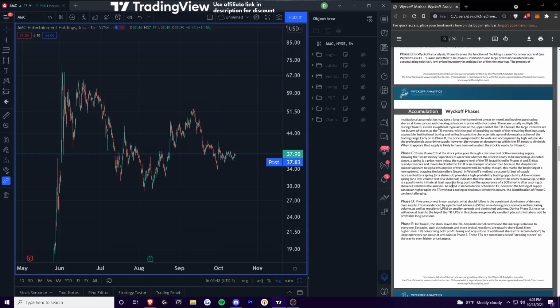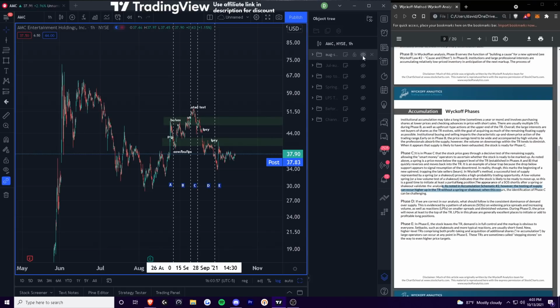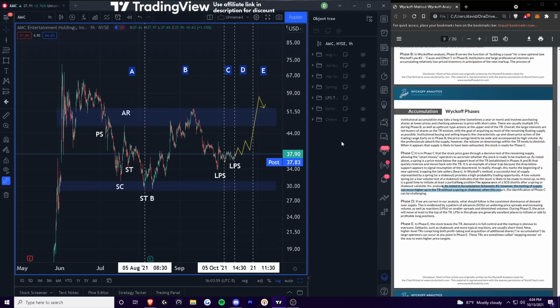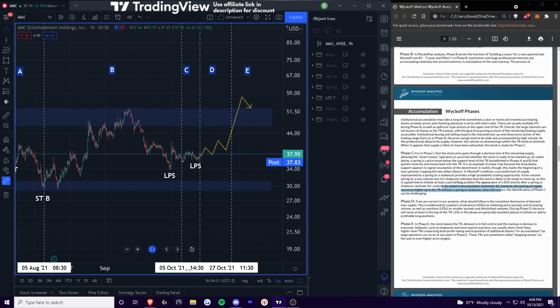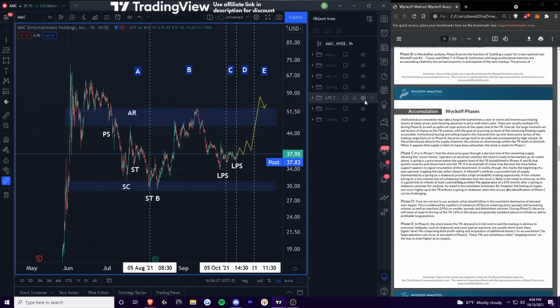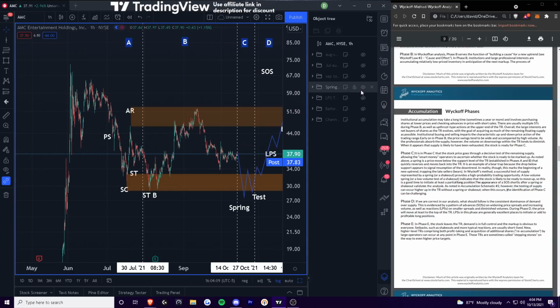It even says, as noted in accumulation schematic 2, the testing of supply can occur higher up in the trading range without a spring or shakeout. When this occurs, the identification of phase C can be challenging, and that resonates with me, because it's hard to identify whether we're in phase C or approaching phase C.